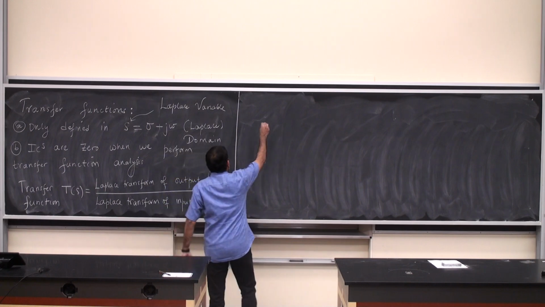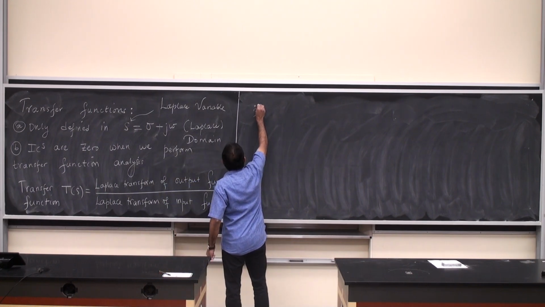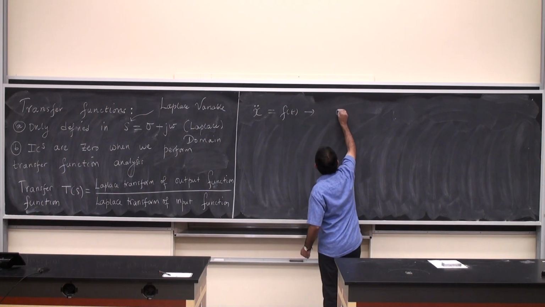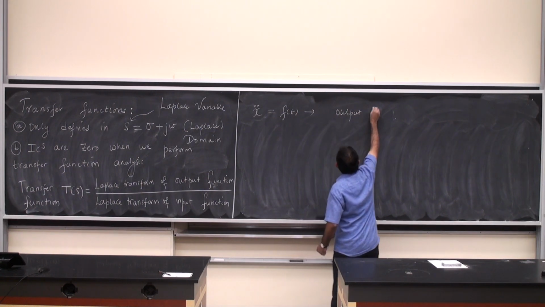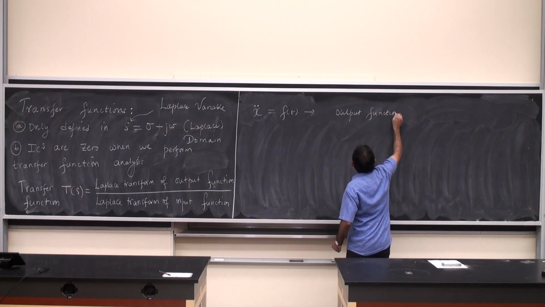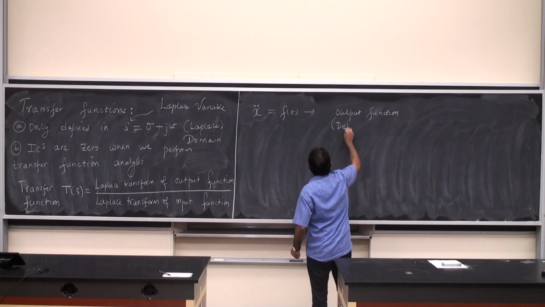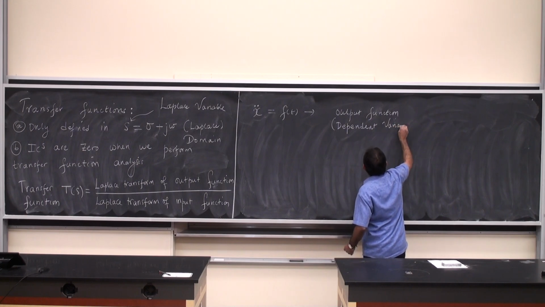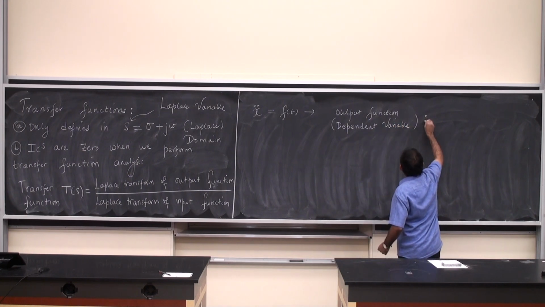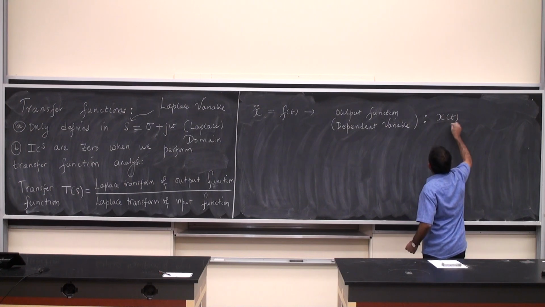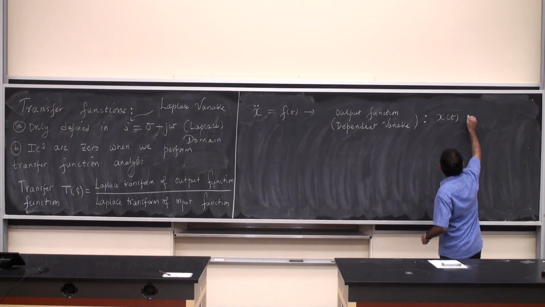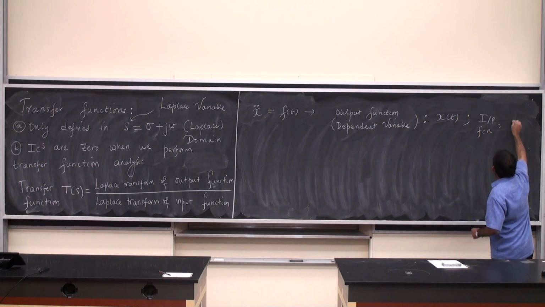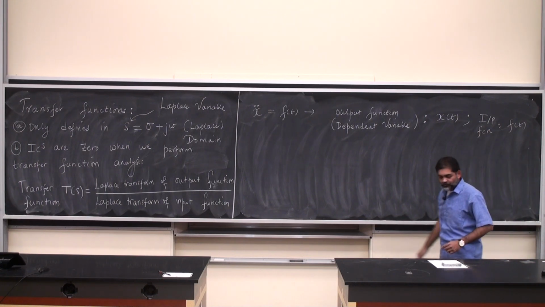So for example, if I have x double dot is equal to f of t, the output function, or the dependent variable, is x of t, the input, f of t.